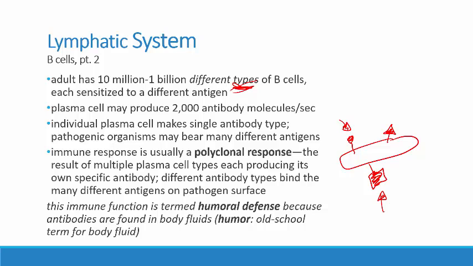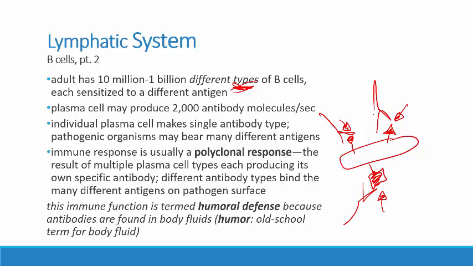Some will be activated to this one, some will be activated to this one. So the immune response that we get is to be able to bind antibodies to this type of protein, to this type of protein, and to this type of protein.